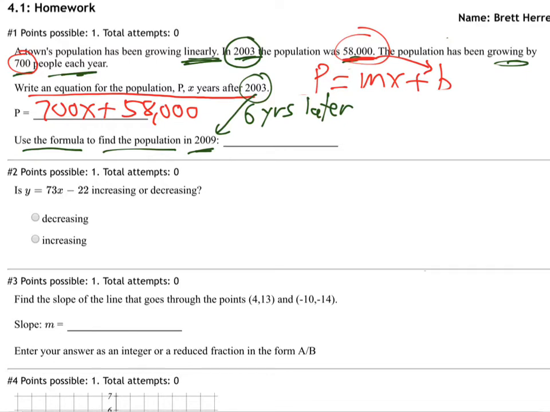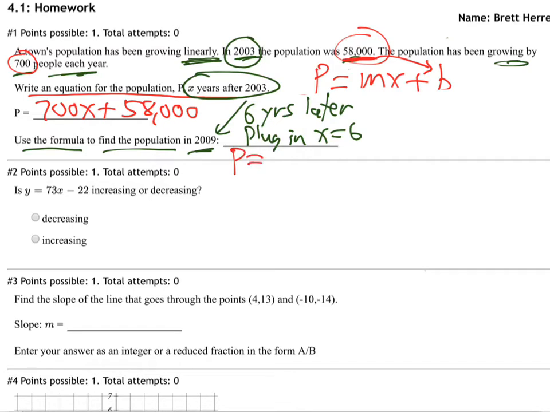So what do you think I'm going to do with that 6? X, huh? That's what we plug in. That's x. Yeah, and you can tell right there, because see what this sentence says right here? x is years after 2003. So x is 6. So we just plug in x equals 6 to that formula. So let's do it.